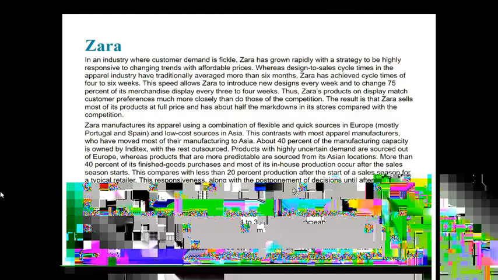So, do you think Zara's responsive replenishment structure is better for online sales or brick and mortar stores? Stores.